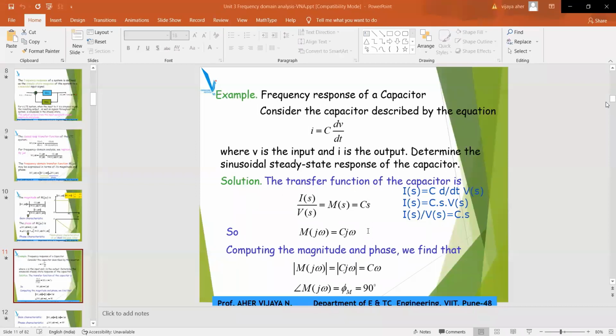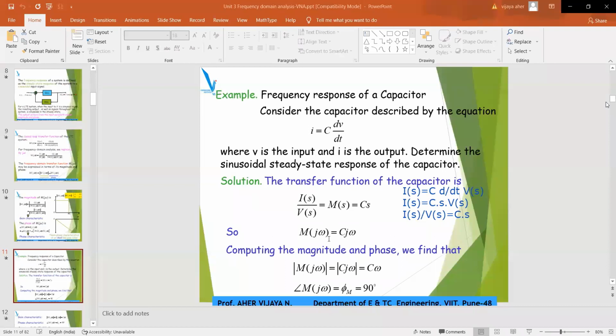This is the equation for the transfer function of a capacitor in frequency domain analysis. The next step is to find the magnitude and phase for this equation.